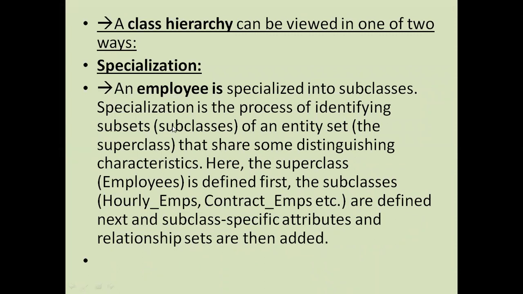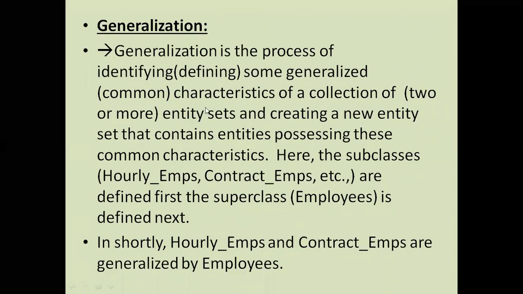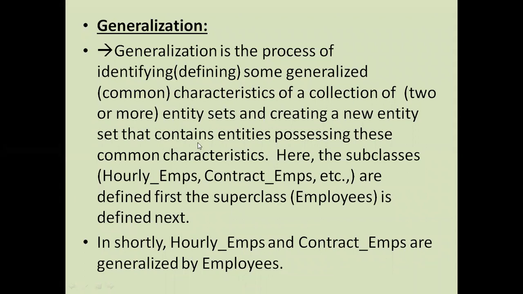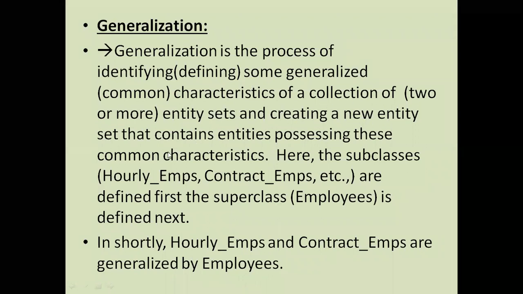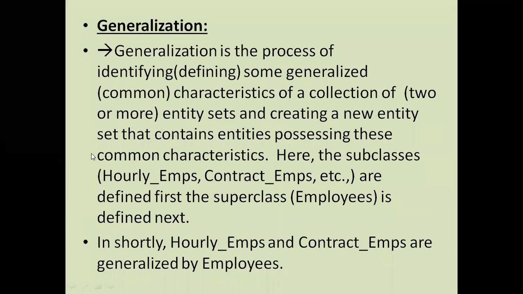Okay. So next, generalization. This is the reverse of specialization. That means first we define the subclasses, next we define the main class. Generalization is a process of identifying some generalized characteristics of a collection of entity sets and creating a new entity set that contains entities possessing these common characteristics. Here the subclasses are defined first, and the superclass is defined next.